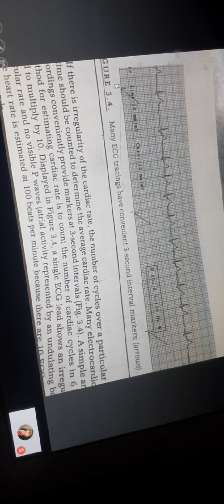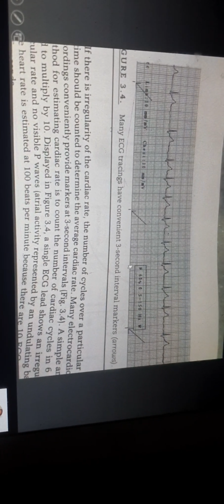We count the number of QRS complexes in 6 seconds and then multiply it by 10. So here to here is 6 seconds. We will count the number of QRS complexes in 6 seconds and then multiply by 10, because 6 into 10 is 60 seconds. So we can calculate the average heart rate of the patient.